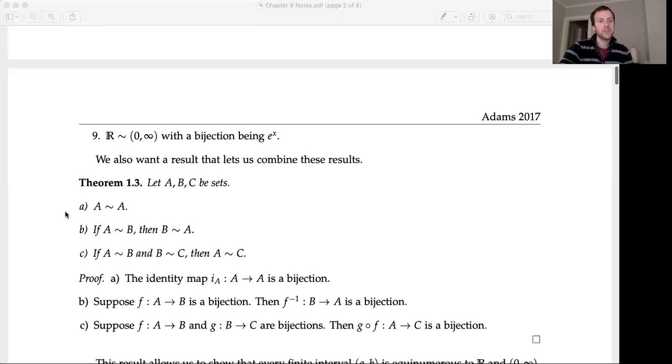So part of a way we can interpret this is that in some sense, being equinumerous is like an equivalence relation. This looks like we're saying it's reflexive, and this is symmetric, and this is transitive. We don't use that terminology though, because equivalence relations live on a set, and there is no set of all sets.